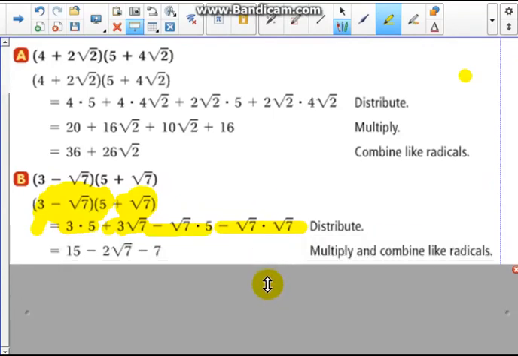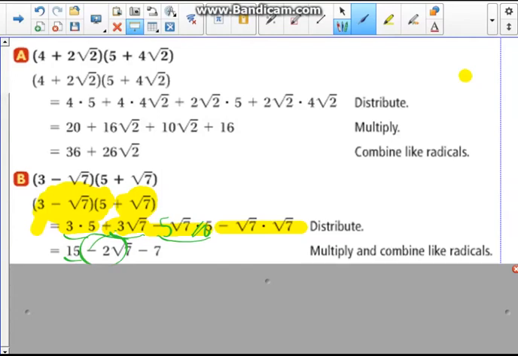And now clean it up. So we had 3 times 5 is 15. And then we've got this minus, it's going to be a 5 radical 7. So 3 minus 5 radical 7 is negative 2 radical 7.